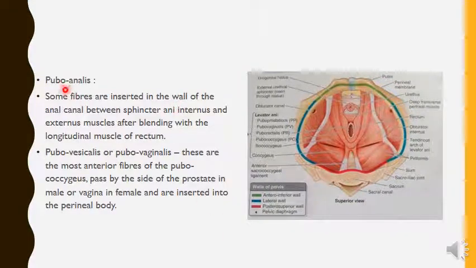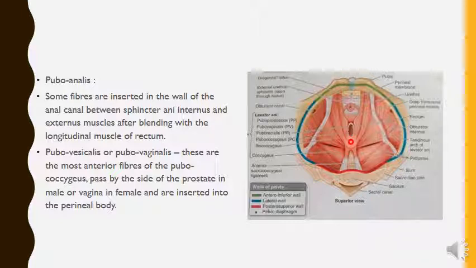Then puboanalis is one more part. Some fibers are inserted in the wall of the anal canal between sphincter ani internus and externus muscles. So few of these fibers of the pubococcygeus in this area get inserted between sphincter ani externus and internus muscles.